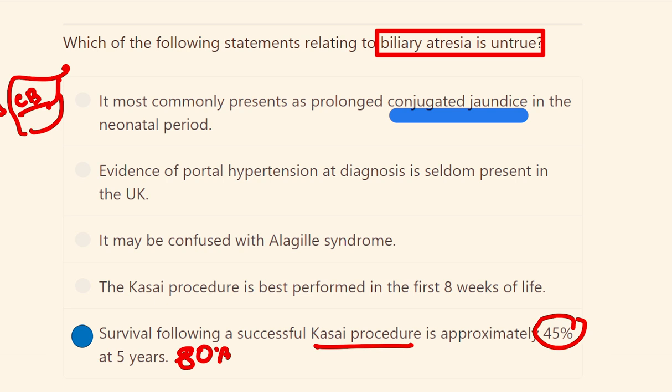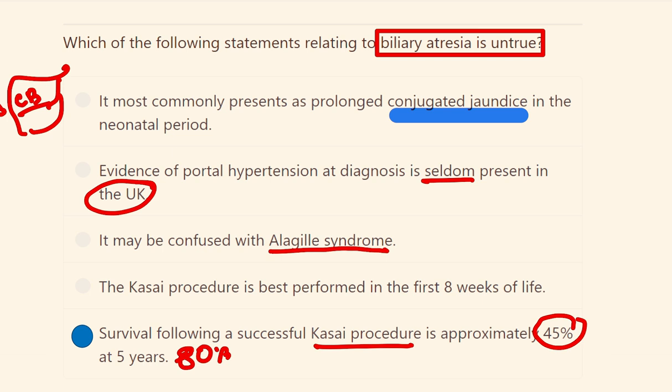Evidence of portal hypertension at diagnosis is seldom present in the UK. It is also true, because in the earlier stages the disease has been present for a very short period, so there is usually no portal hypertension. It may be confused with Alagille syndrome.